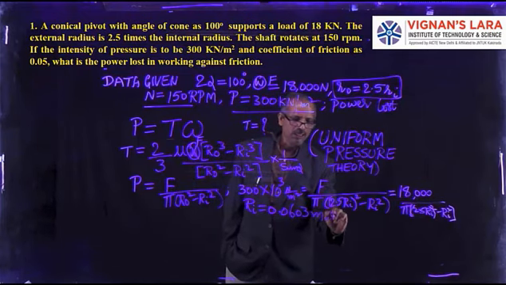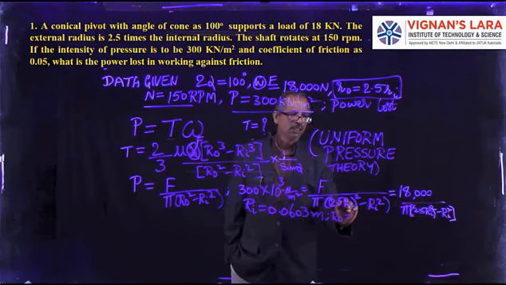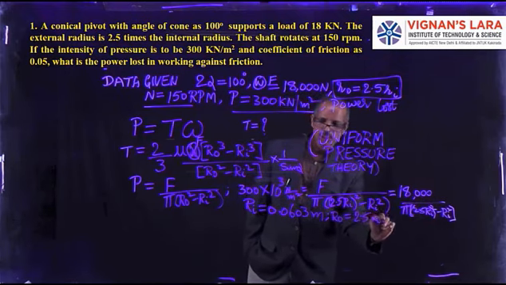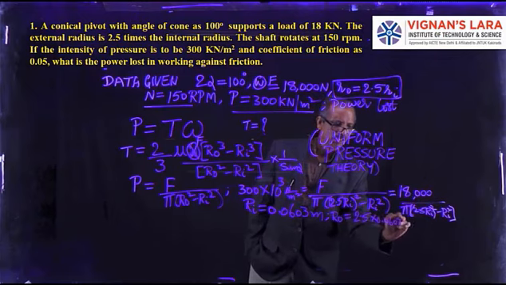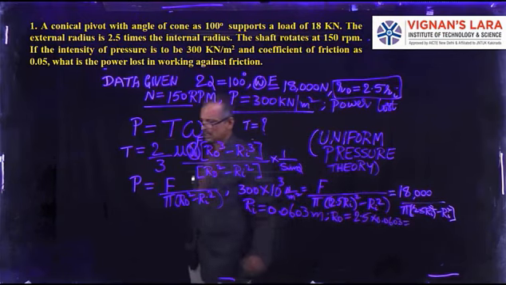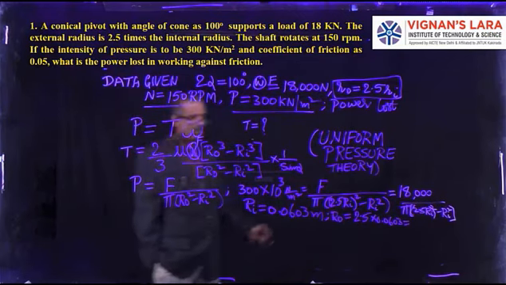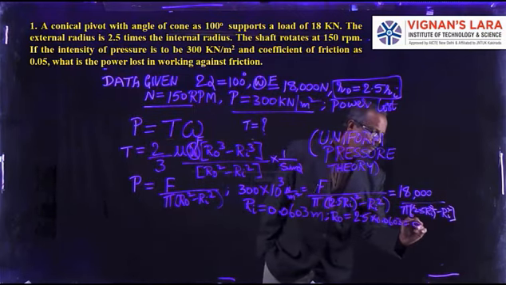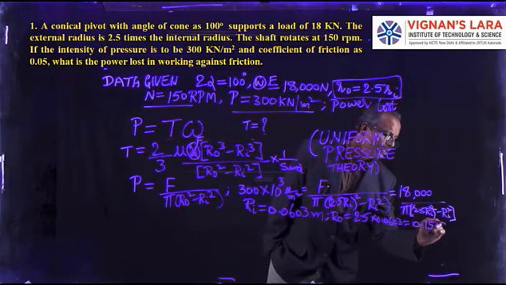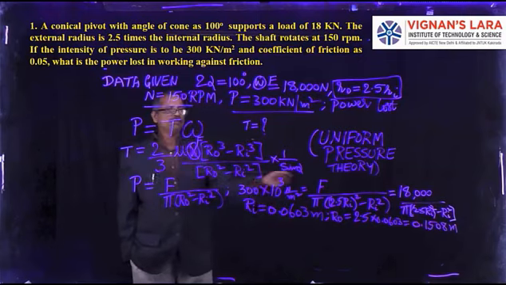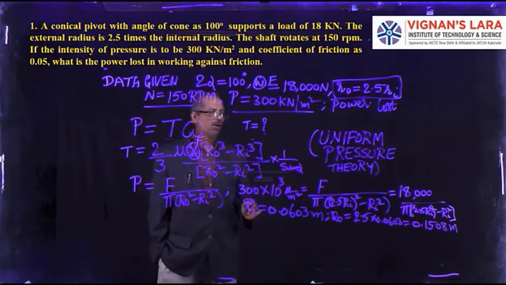By writing that, you can get R0, that is 2.5 times of 0.0603. What is 2.5 times 0.0603? It gives 0.1508 meters.